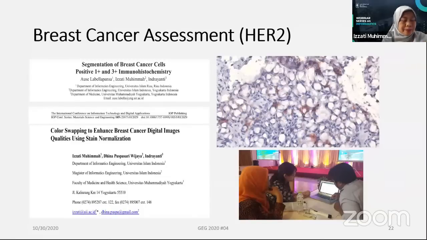If the patient has 3+, they will go to medication straightforward. If the image is 1+, it is not at risk.